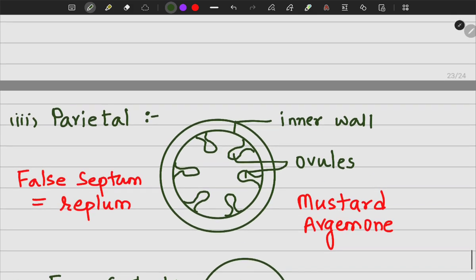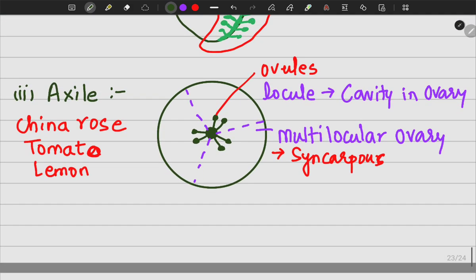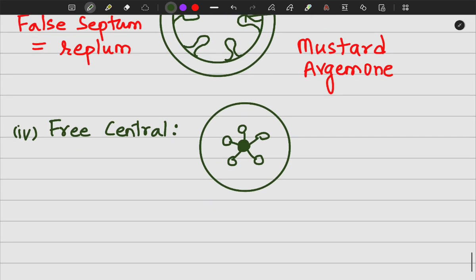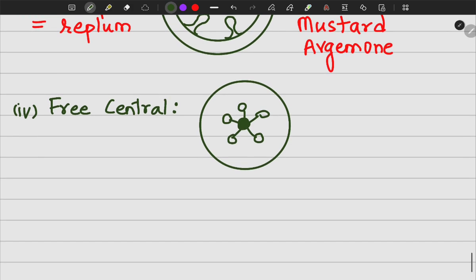This kind of placentation, you might find it similar with the axile placentation, but in axile placentation, septa was present, the ovary was chambered, but here no septa is present. The placenta is borne on the central axis and then ovules are present like this, attached to it. And the examples of free central are primrose and dianthus.